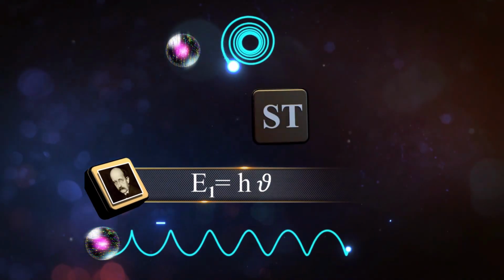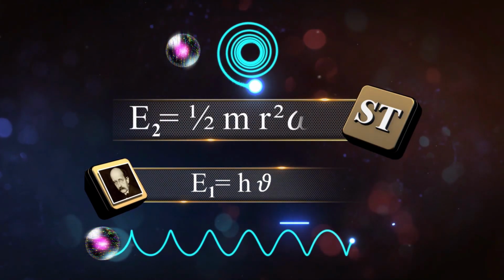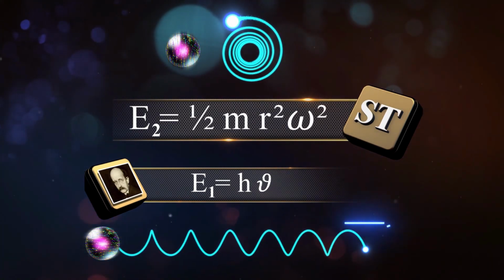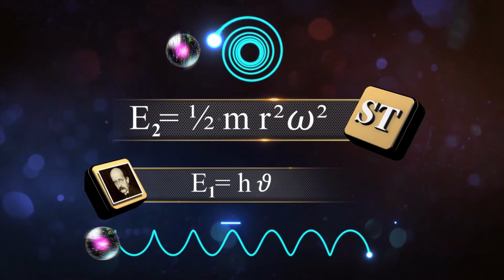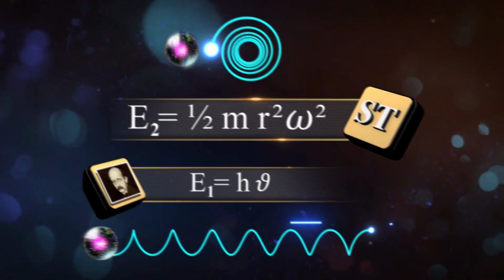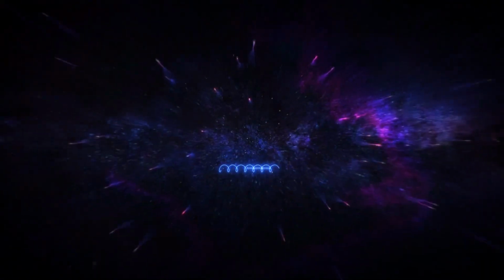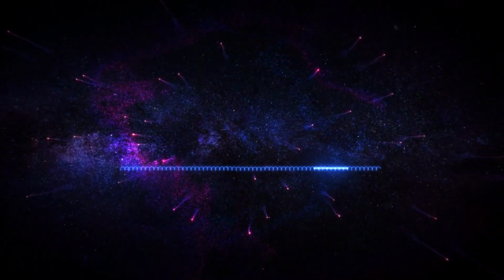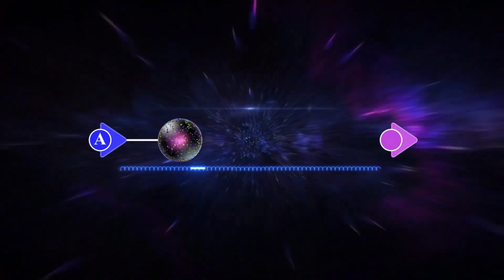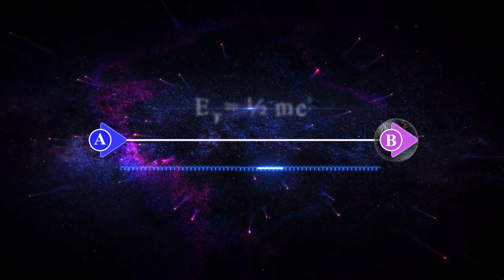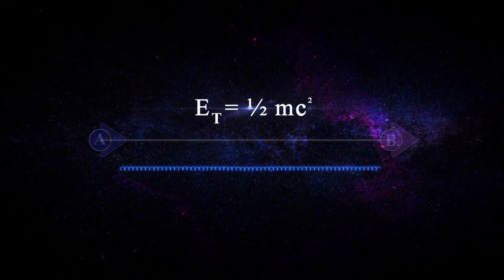And the rotational kinetic energy is the same as the energy of a rotating globe around its center. But eventually, this photon with constant mass passes the distance between two points by linear velocity c, so its energy is equal to a half mc squared.